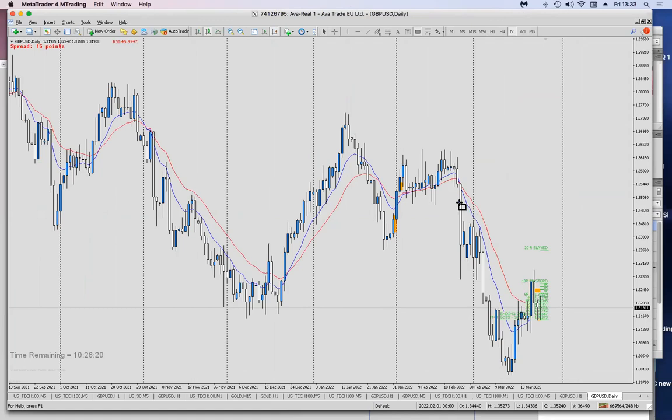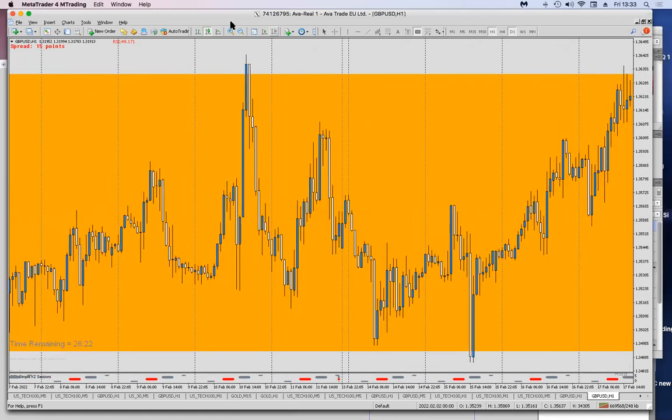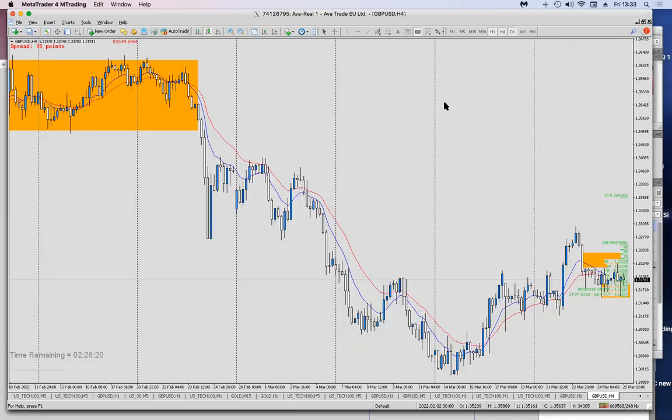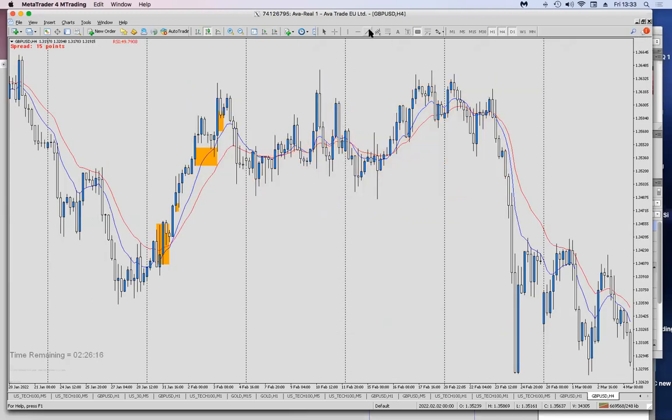In consolidation, drop down to lower time frames. In consolidation, you can trade turtle soups either side of the market. It'll run the high, run the low, run the high, run the low.